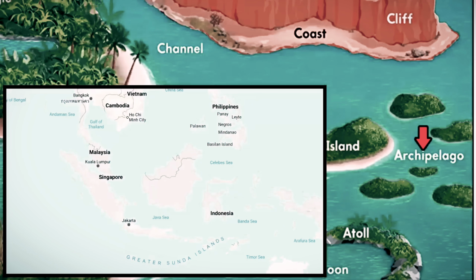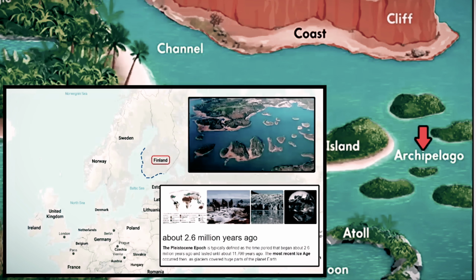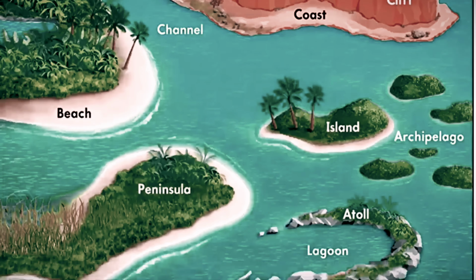Thousands of islands of Indonesia and Malaysia are a part of the Malay archipelago. At least some of these islands and the straits that separate them were part of mainland Asia during the last ice age. Then Finland's coast has the world's largest archipelago, which is part of the Baltic Sea. They also emerged after the last ice age.